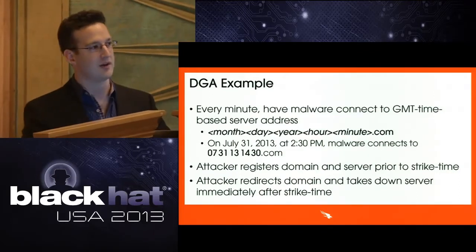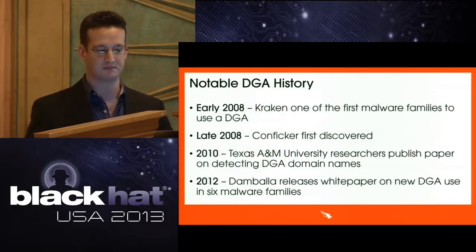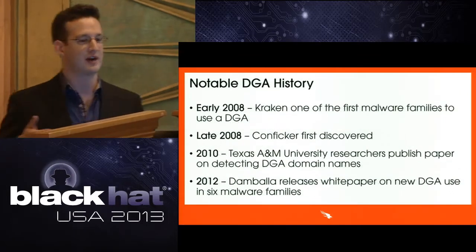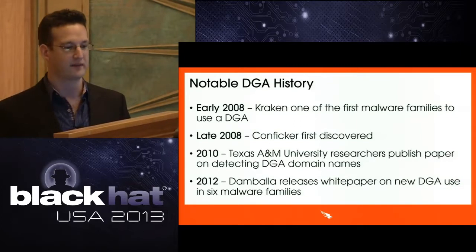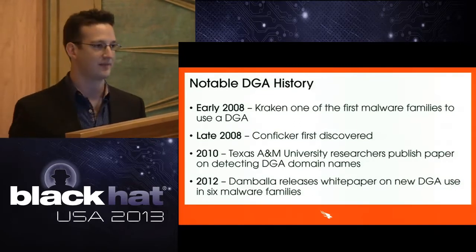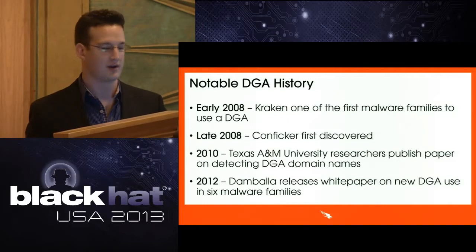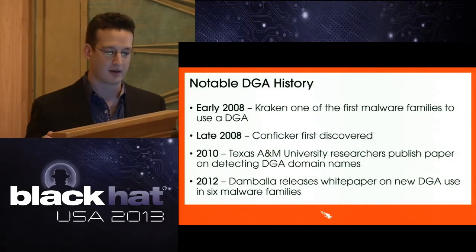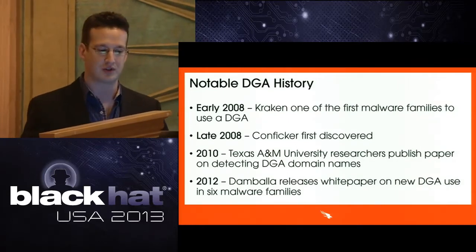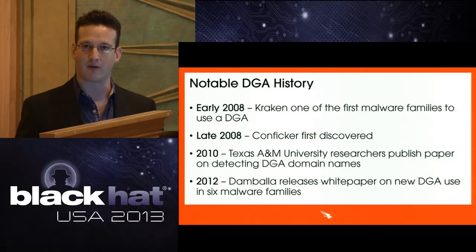Now DGA malware, though, is not exactly a new thing. Back in early 2008, Kraken was one of the first malware families to use a DGA. And a few months later, Conficker was first discovered, also using a DGA. But DGAs haven't been restricted just to Kraken and Conficker. Torpig and Ceeris are two other malware families that have also been known to use DGAs.